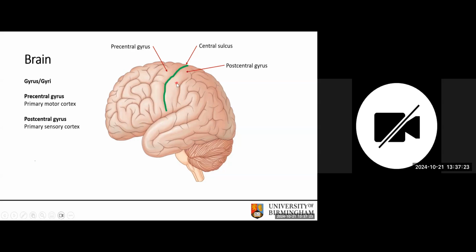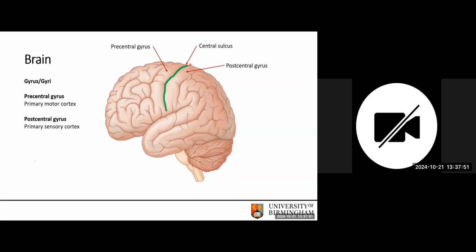And in anatomy, they make all the relations and they put the names. So this one is called precentral gyrus because it's located anterior to the central sulcus. And this one is called postcentral gyrus because it's posterior to the central sulcus.